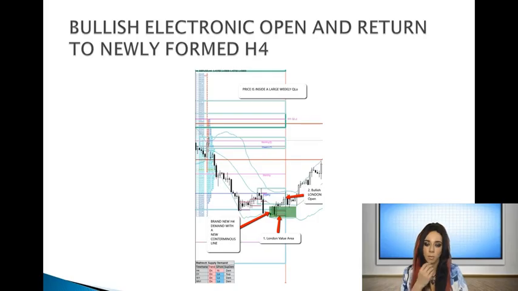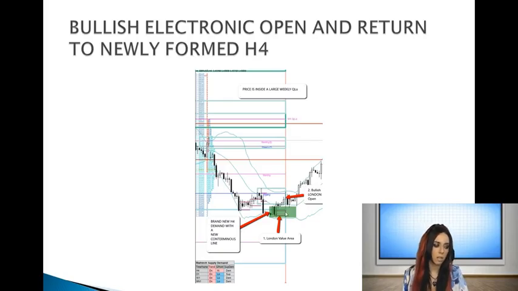And please notice that I do not say stuff like value area longs should be done from value area low. That's a good reason why I don't say that. I say longs should be done off value area highs, like this is. This is your London value area high. You do not want the price to accept value, okay?